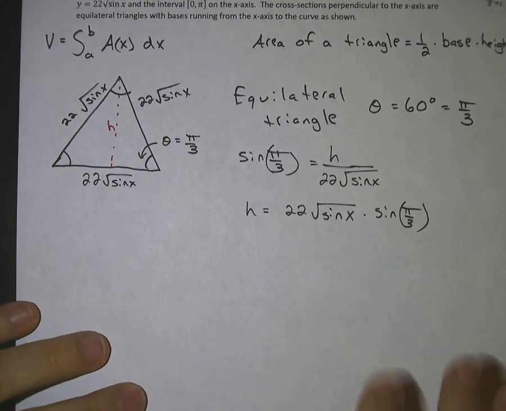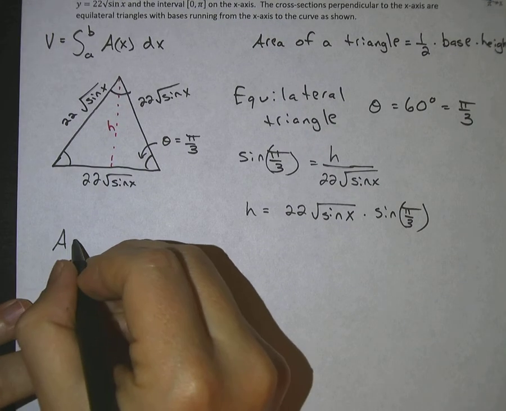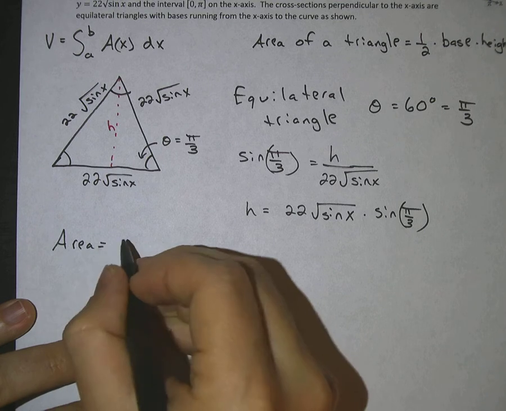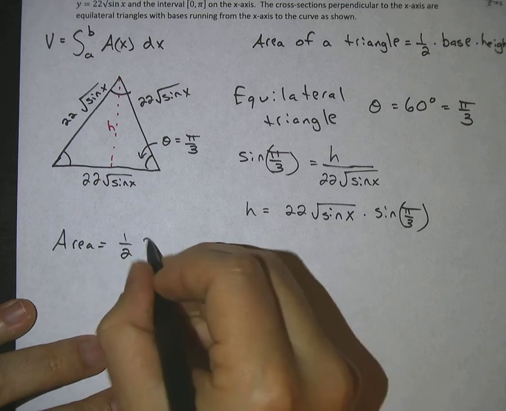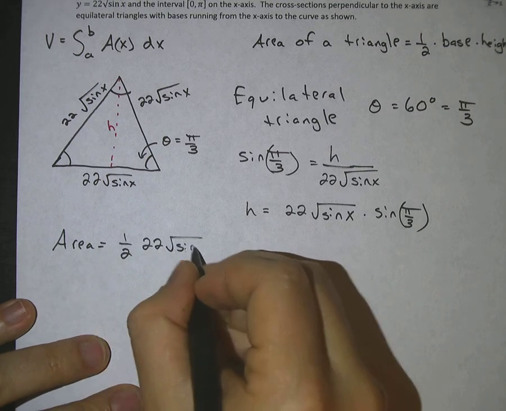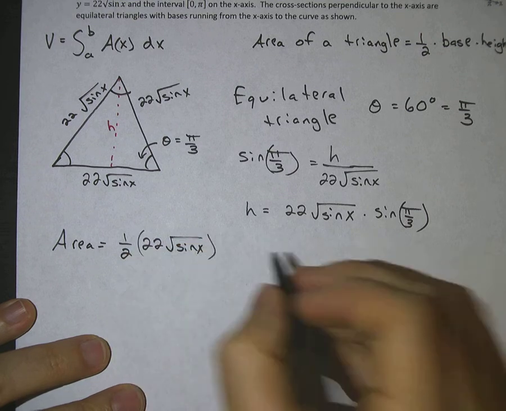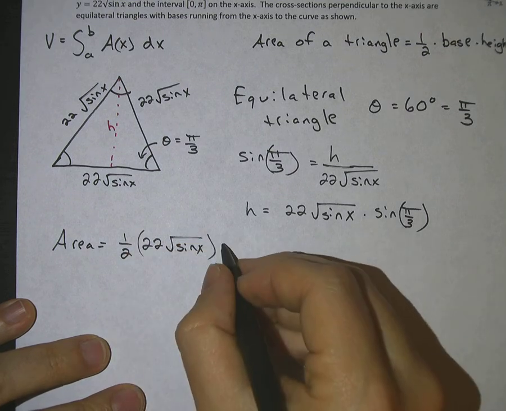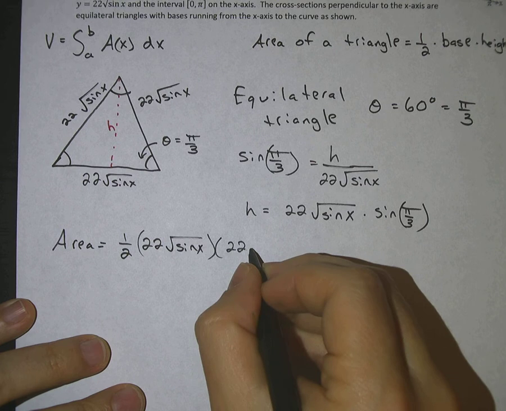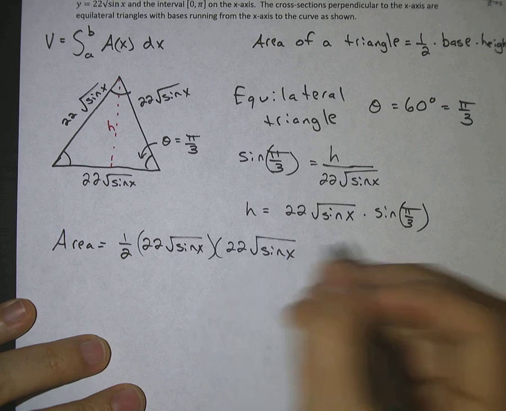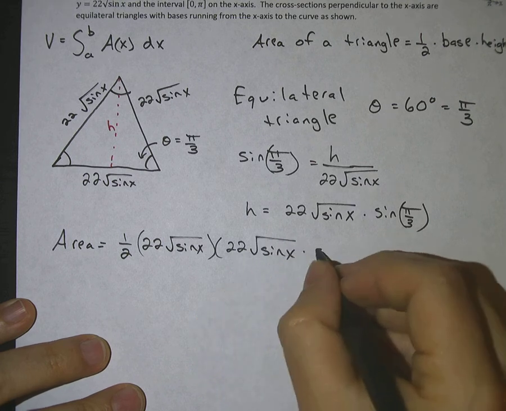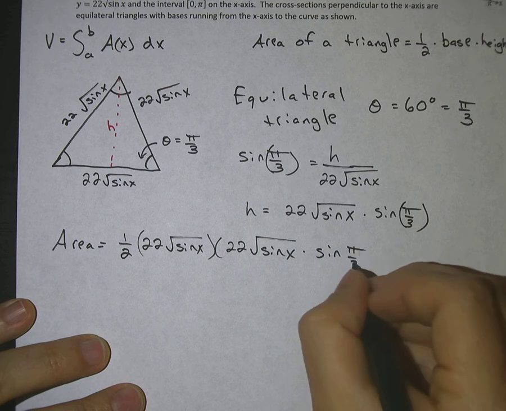The area is equal to 1/2 times the base, 22 square root sine x, times the height we just found, which is 22 square root sine x times sine pi over 3.